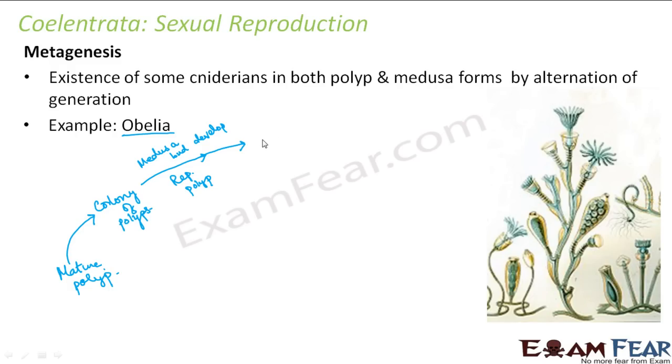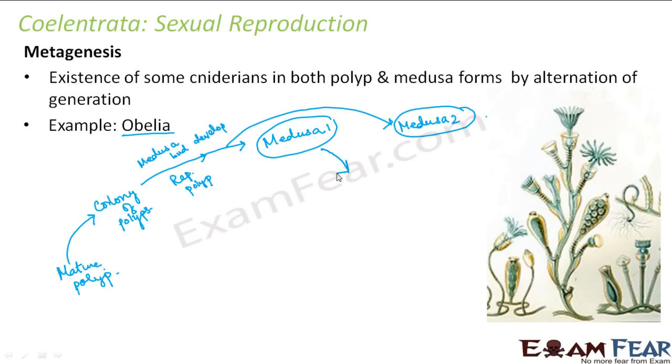So what will happen? Medusa will be formed because that medusa bud will gradually grow. Right? Now, when I talk about a reproductive polyp, we need two reproductive polyps for the two gametes, right? So there will be two medusa forms. One is medusa 1 and there will be another medusa 2.